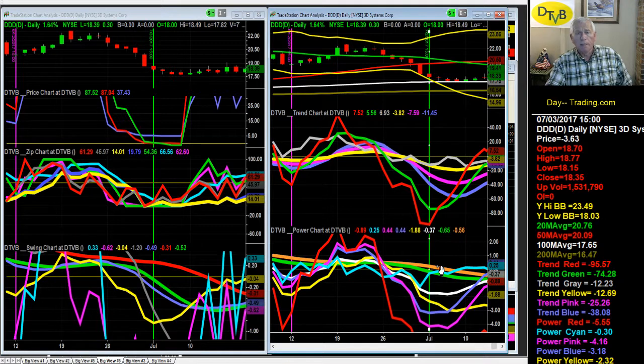What is power pink? Power pink is our short deep cycle indicator. Swing gray is our best deep cycle indicator. It tells us the cycles, where cycles are going, or where the trend is going.